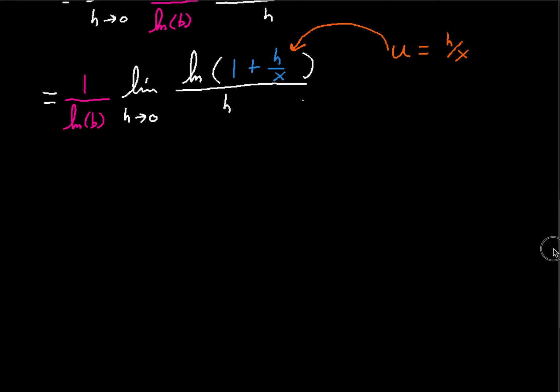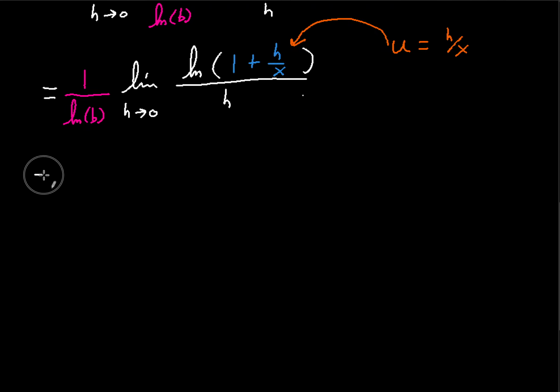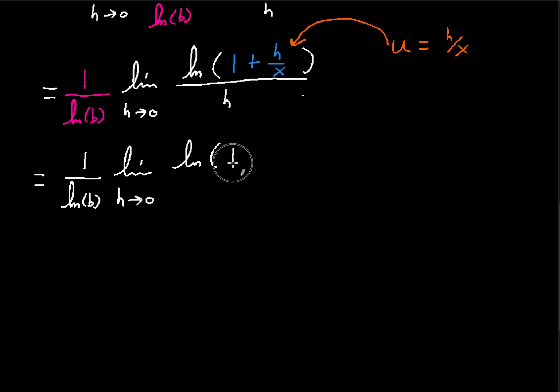Okay, so if that was the case, what would happen? 1 over the natural log of b, the limit as h approaches 0, the natural log of 1 plus u over, so here I'm noticing if I make this u, I need to make this the same thing.